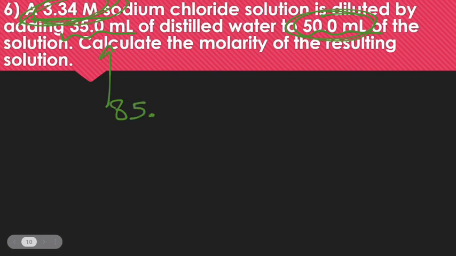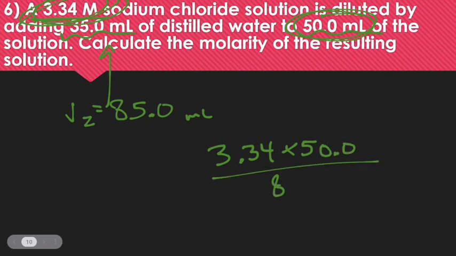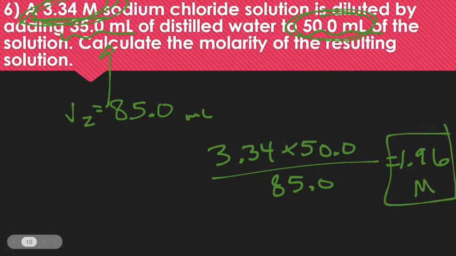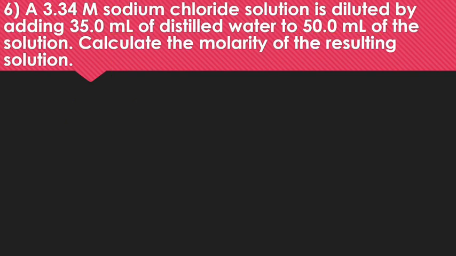That means the volume of my final solution, my actual V2, is going to be 85. So here I'm going to be taking my 3.34 times my 50 and divide by 85, and that ends up being 1.9647, but I'm going to stop at 3 sig figs molarity since I'm calculating concentration.